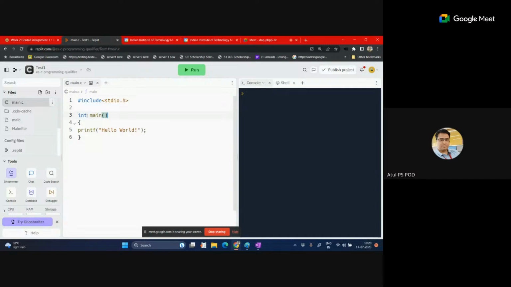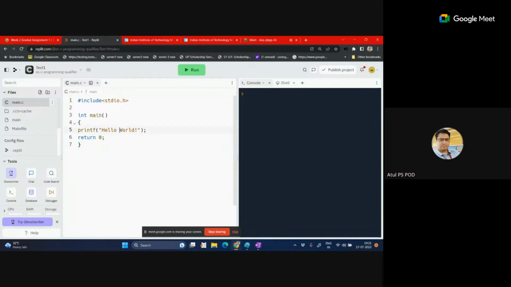But what is this main function, and why are we writing main? Can we change it to any other name or not? In a C program, the compiler will execute the main function without calling. The compiler will directly find this main function in our code and execute each statement written inside it. A function is basically a block of code to which we have given a name.